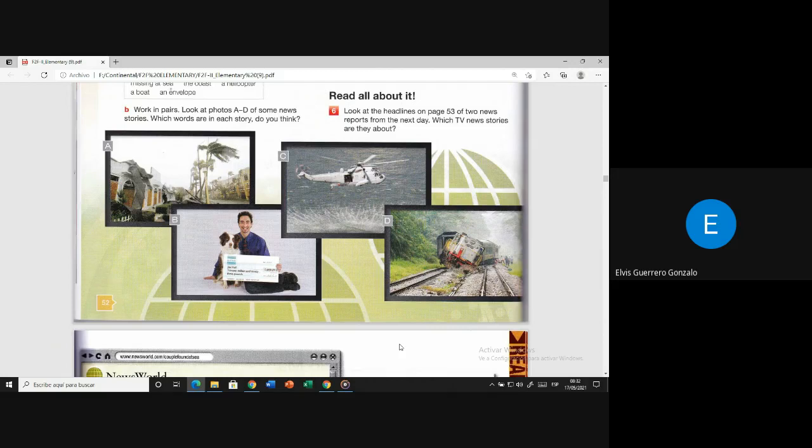Yes. Good. They're talking about the train crash. In conversation three, they are talking about the storm in Florida, right? And in conversation four, they're talking about the couple missing at sea.